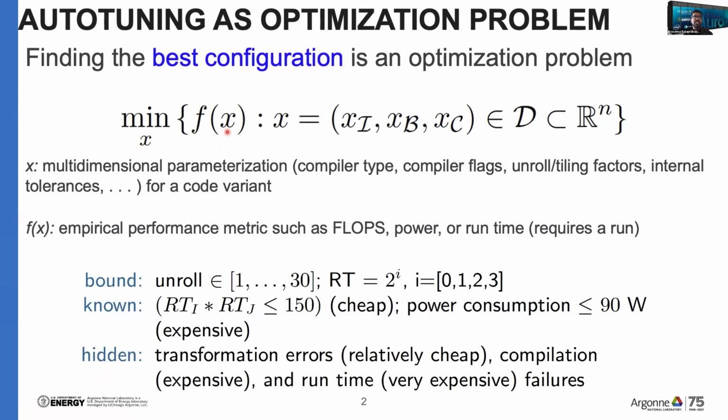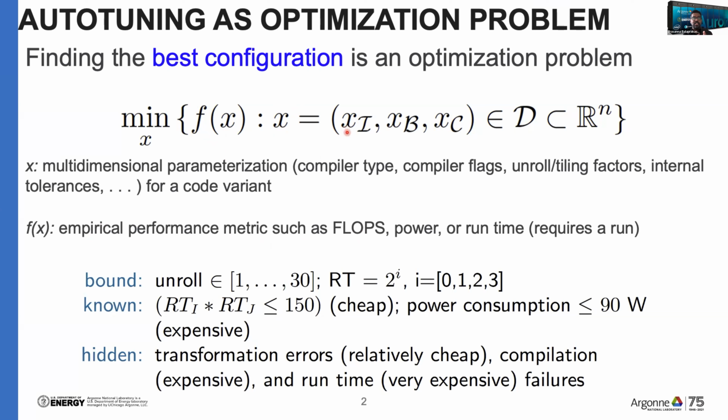That objective function is often a black box, so we can generate different input parameter values and look at runtime. So f of x could be empirical performance metrics such as runtime, flops, energy, or whatever metric one wants to optimize.